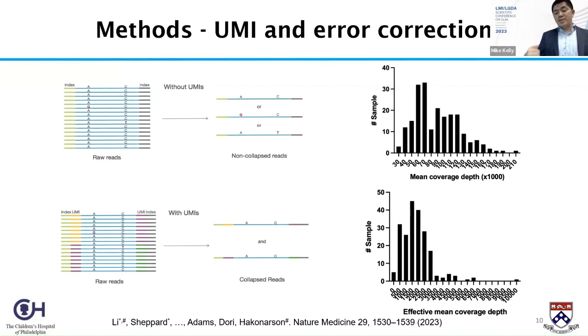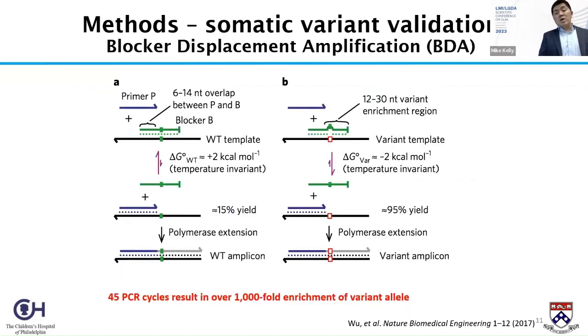Another challenge for somatic variant research is confirming the variants you identify, because these are really low allele fractions and there could be some artifact involved. ddPCR has always been a good standard for confirming somatic variants, but it's pretty expensive because you have to design an assay for every single candidate variant.